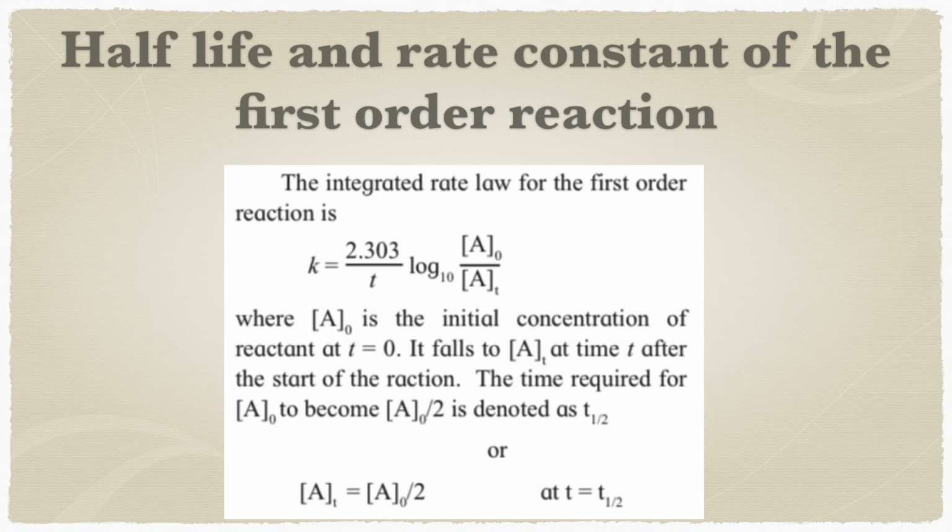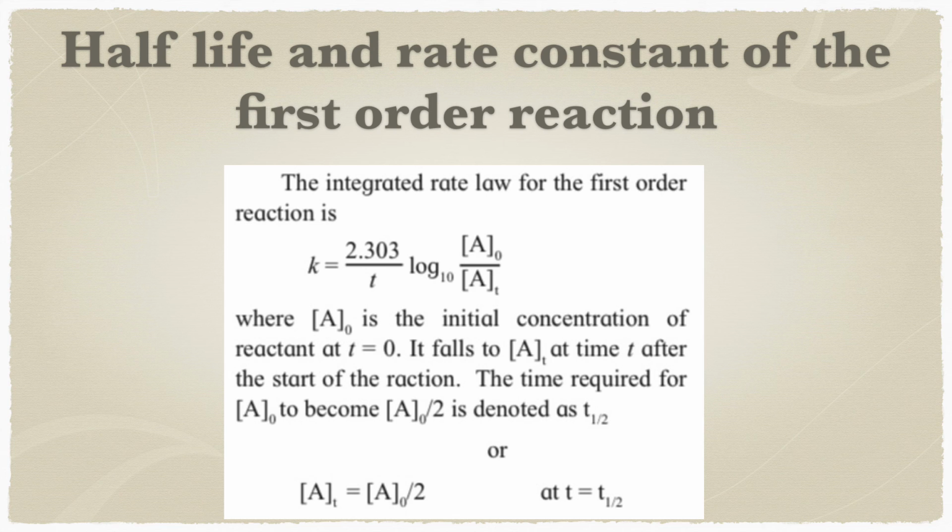You know that small t is nothing but time, k is the rate constant, molar concentration of A naught is the initial concentration of the reactant, and molar concentration of At is the final concentration of the reactant.